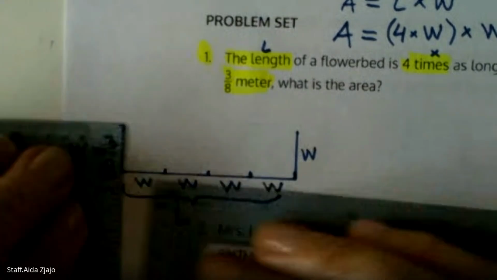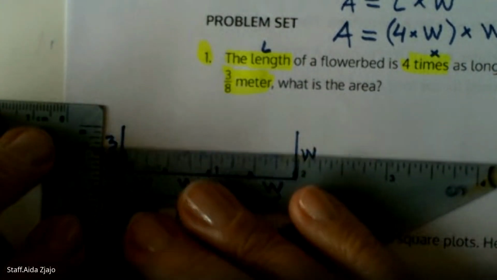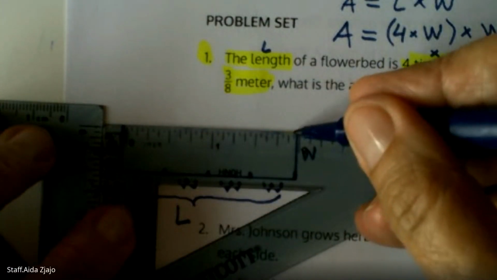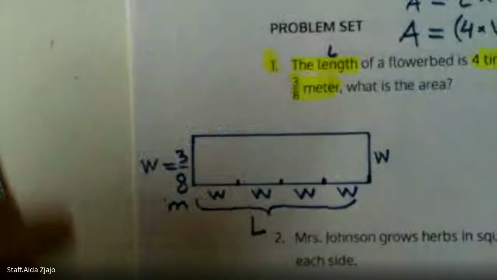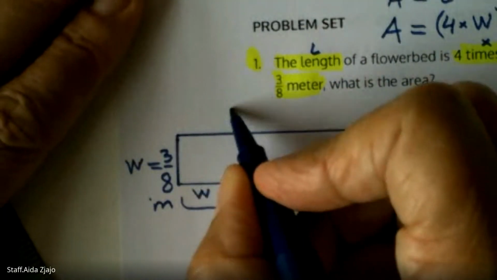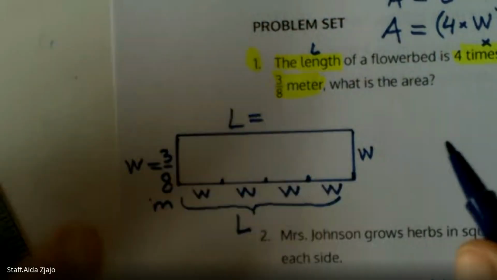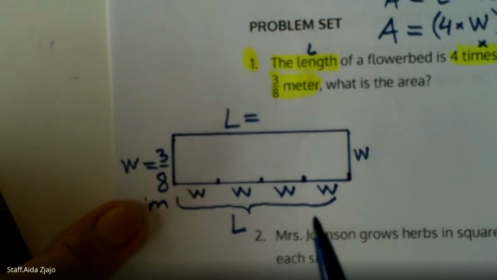When I know that, I can make the area. So I know now that length is 4 times 3/8.